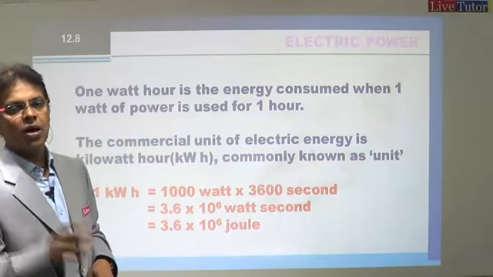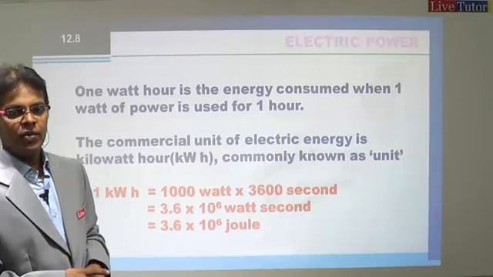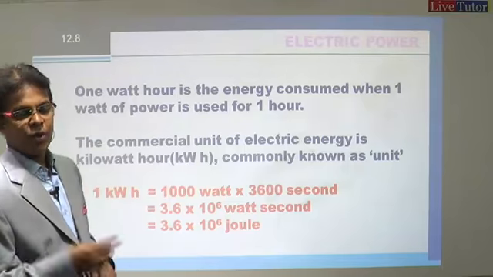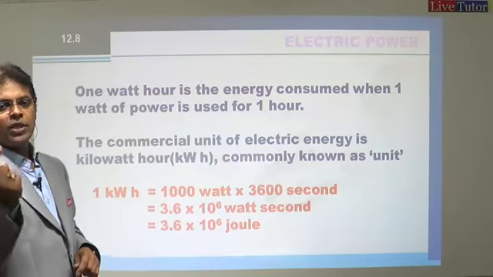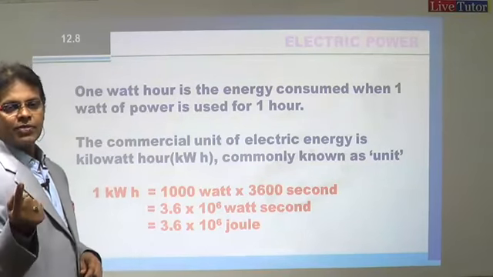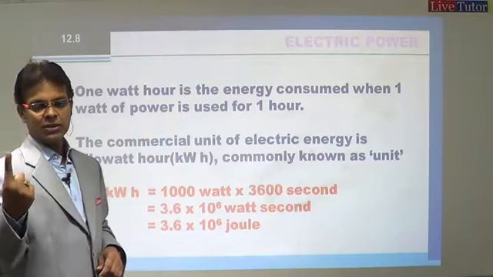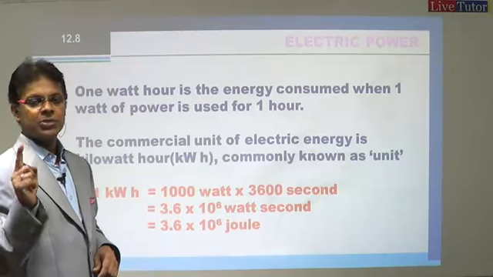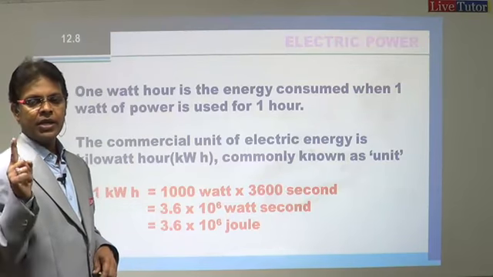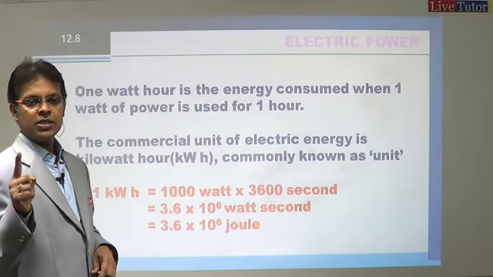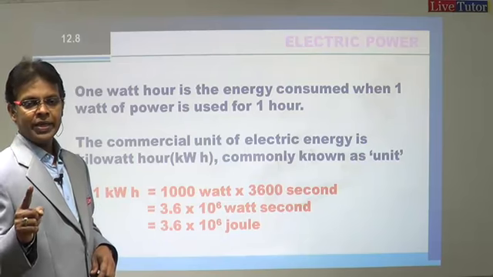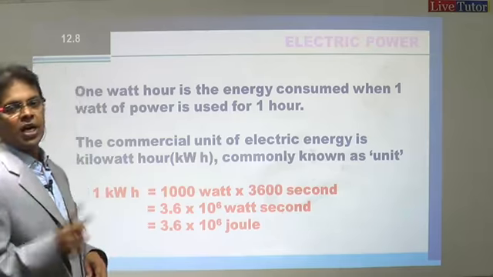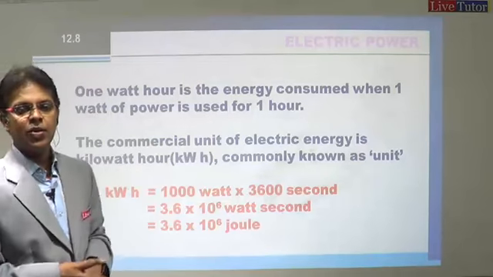1 kilowatt hour is called 1 unit. Remember that in domestic use, in the EB board we pay for units, isn't it? That 1 unit is 1000 watts consumed in 1 hour. For example, if a 100 watt bulb is glowing for 10 hours, then the energy is 1 unit.